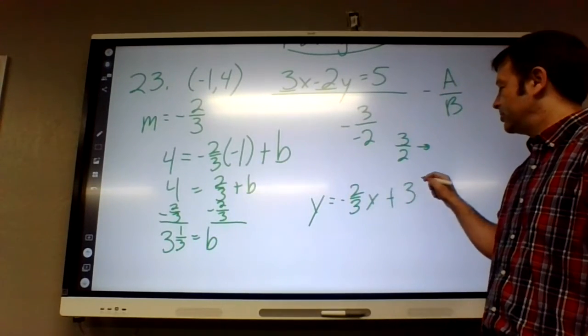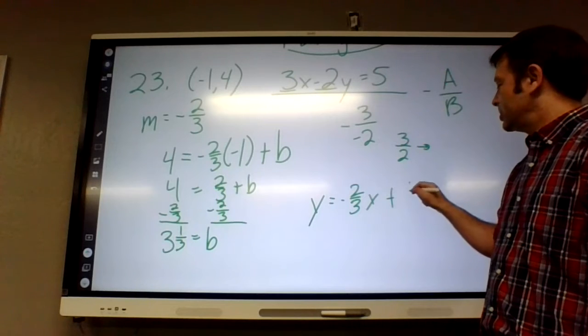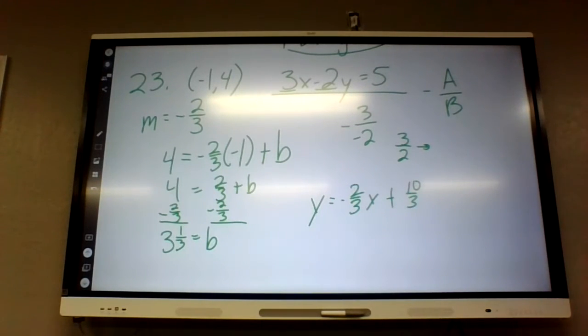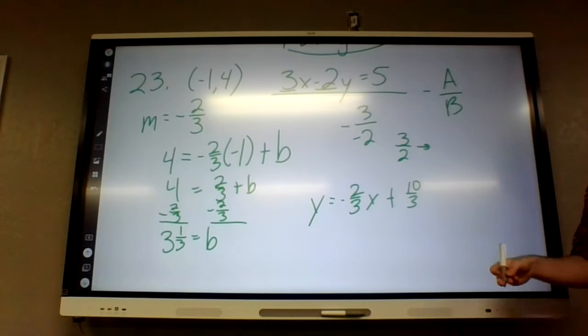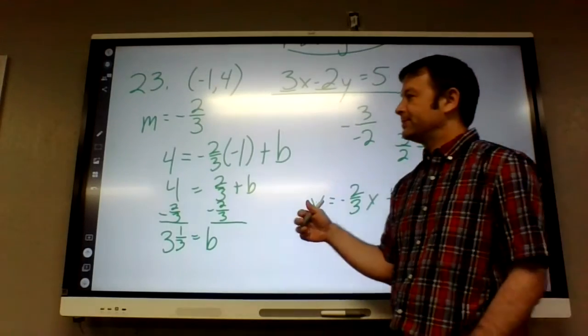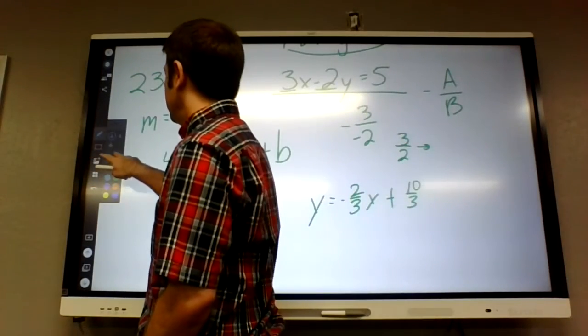Okay, so the slope was negative 2/3, so negative 2/3 x, and 3 1/3 was y. I just remembered, we're supposed to change it to standard form, which means we also need to get rid of the fractions. Do you guys remember how we got rid of the fractions? Multiply by the common denominator, 3.